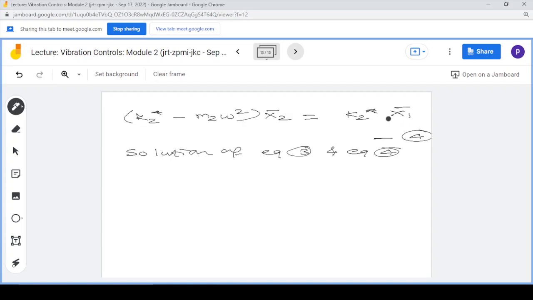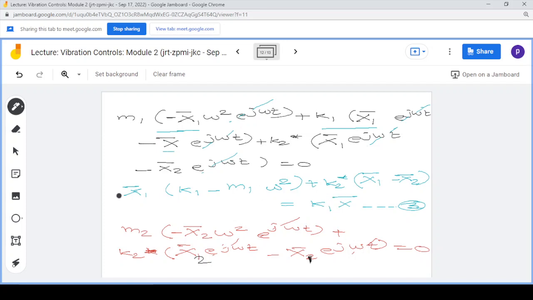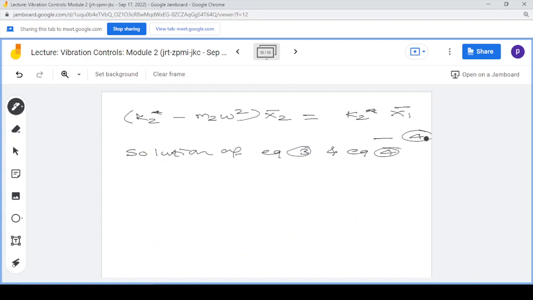Look at this: in expression 4 we have x2 bar and x1 bar, and in expression 3 we have x1 bar, k2 star and k1 x. So we can obtain the value of x2 bar in terms of x1 bar from expression 4 and substitute it in expression 3 to get the value of x1 bar by x.